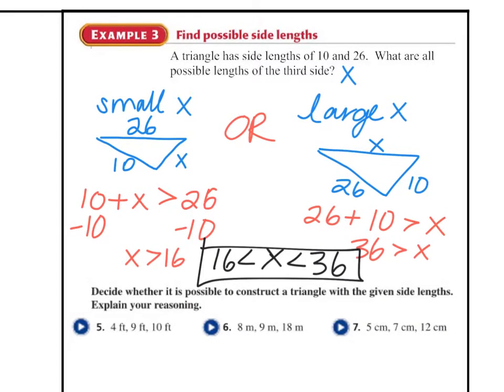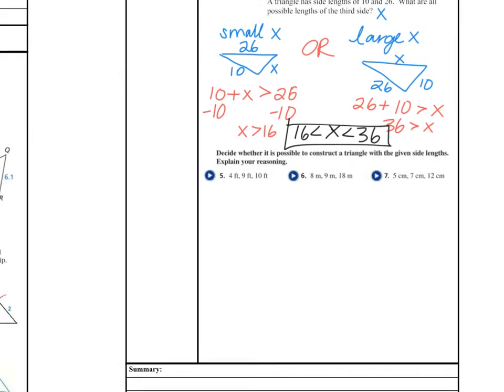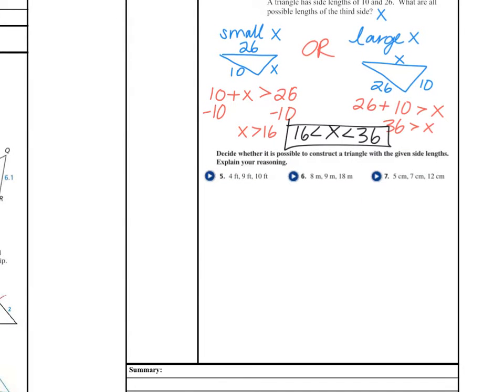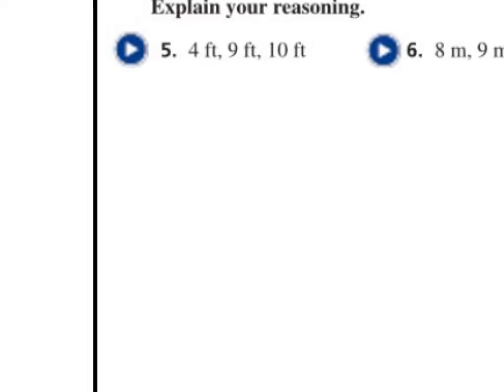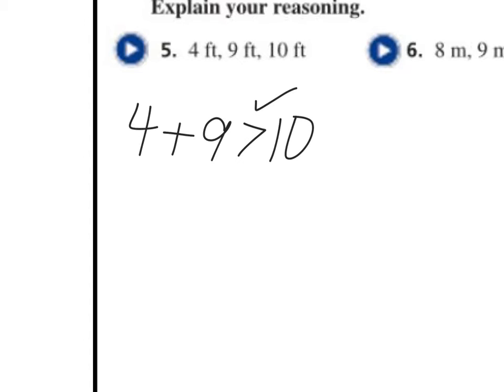Okay, now we're going to do one more together, and you're going to finish up the last two on your own. Decide whether you can construct a triangle with the given side lengths. 4, 9, and 10. We're going to write 3 inequalities because any two sides, when I sum them together, always have to be greater than the third. 4 plus 9 has to be greater than 10, is it? Yes, 13. 4 plus 10 has to be greater than 9, is it?